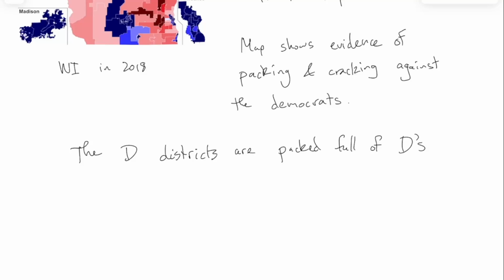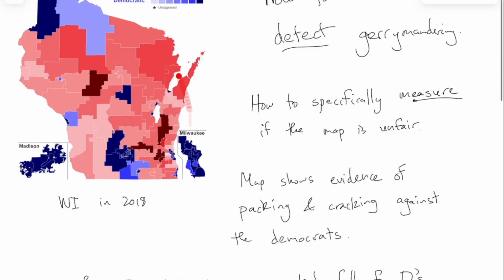Now, in this case, it's not one or two. There are many, many districts here. But you will notice almost all of the Ds are packed into these super dark blues. There are a few light blues, but not many. Compared to the Republicans, it's the other way around. Almost all of the Republicans are in light reds versus the dark reds.